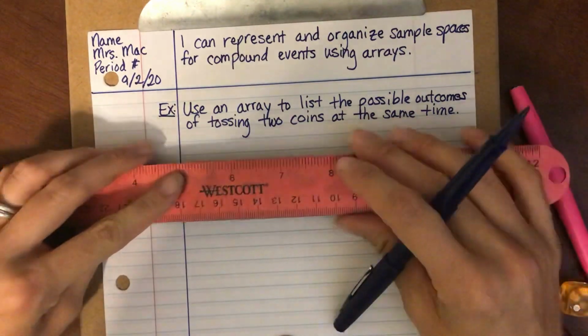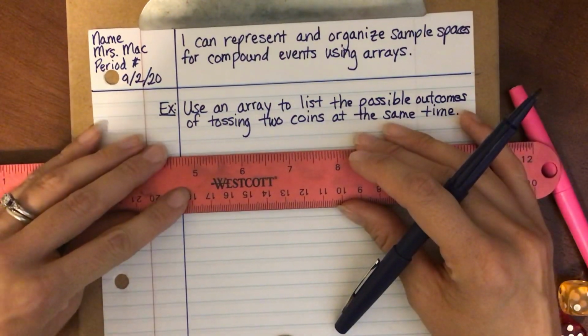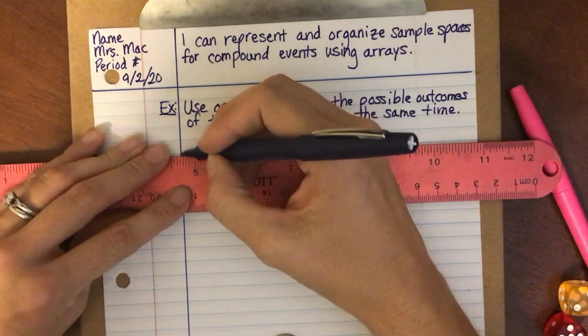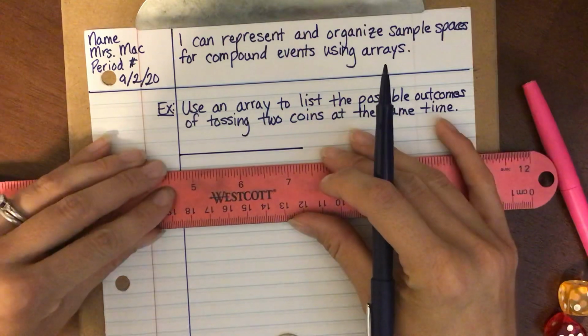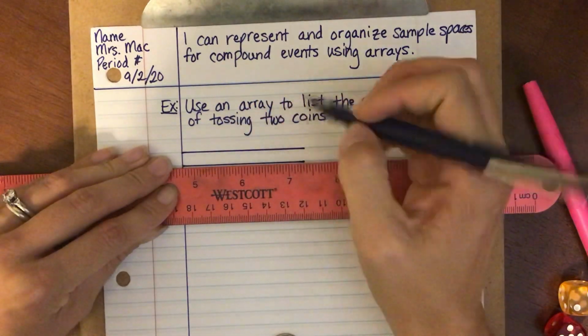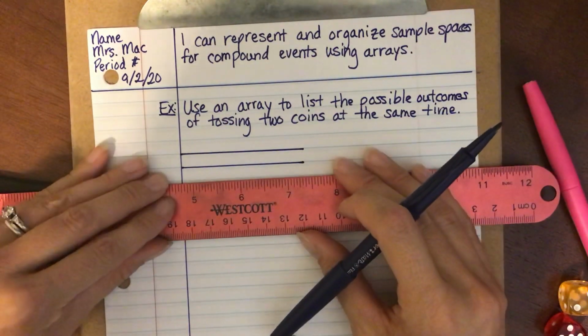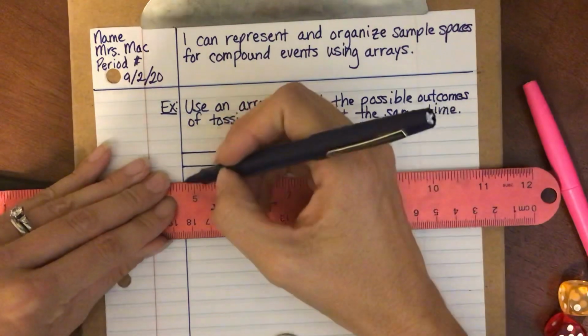Okay, but let's actually show how that can be represented in an array. So an array is just a way of organizing things, like multiplication charts are an example of an array. Now your array does not need to be perfect, but I'm just a perfectionist, so I like to have all my lines be perfect. But you do not need to do everything perfect like I do.